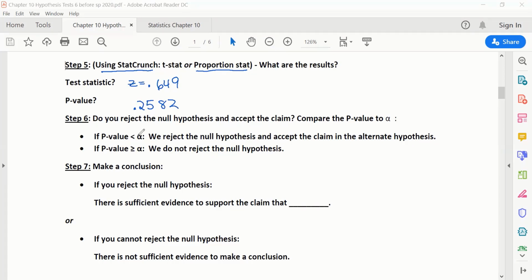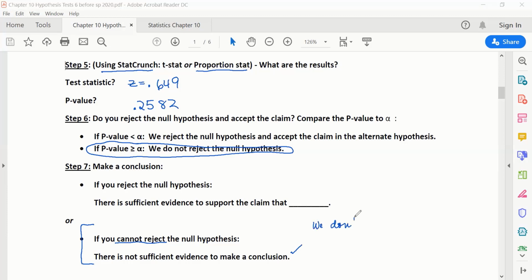So is our p-value less than or greater than alpha? It's greater than. So we do not reject the null hypothesis. So we go down here on the bottom that says, if you can't reject the null hypothesis, there is not sufficient evidence to make a conclusion. Okay, so it gives you the statement you need. So you're going to look for what are we trying to say?